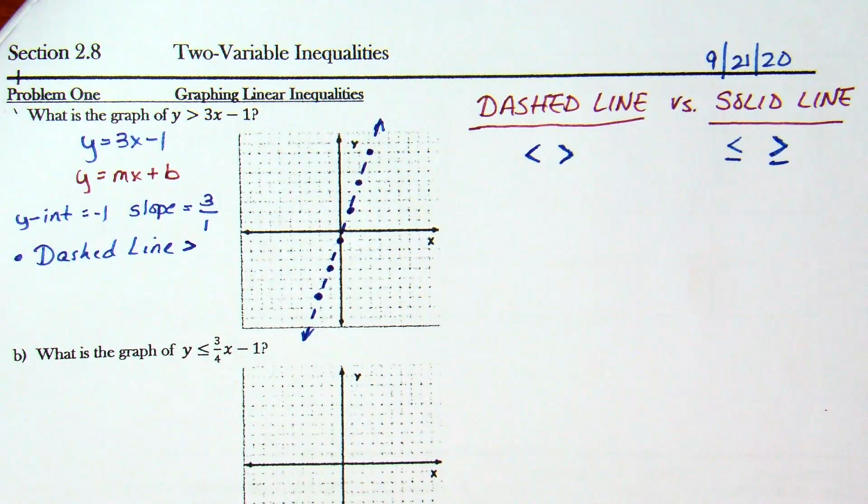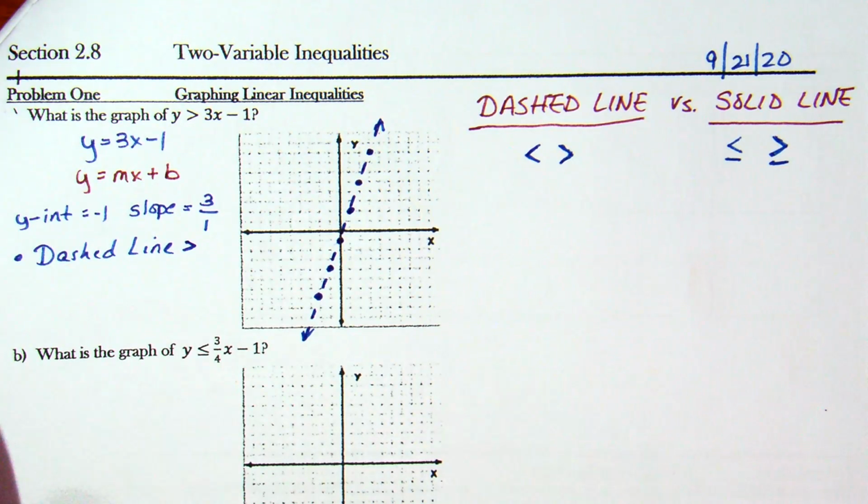What are your thoughts? Do I need to shade above or below here? Kendra? Okay, greater than, any type of greater than sign is going to tell me to shade above. And that's because it's greater than. I don't care what it's equal to or not. I care that it's greater than.